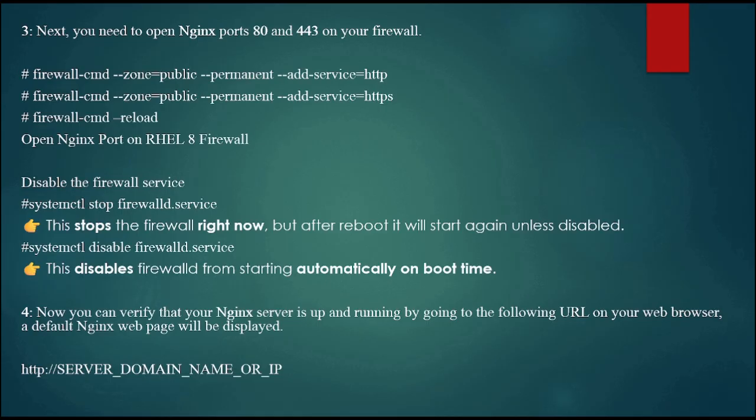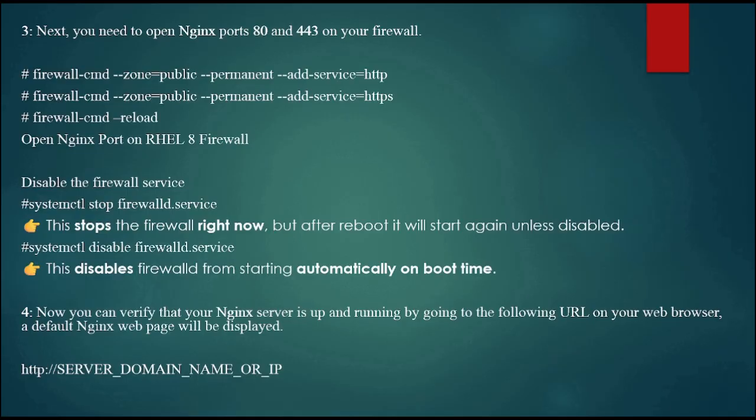But apart from this, we can disable the firewall with the help of the systemctl stop firewalld.service command, and then we disable the service with systemctl disable firewalld.service. Why? Because in a production environment we don't use a software firewall.